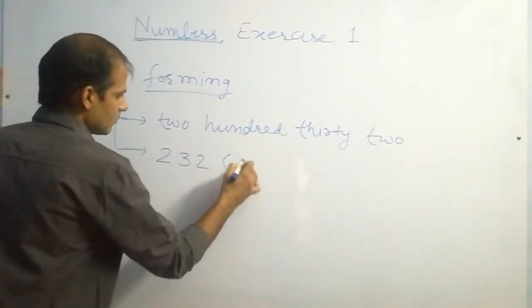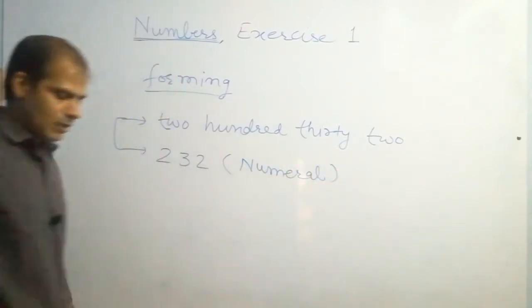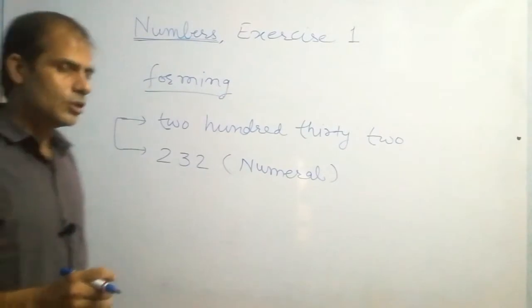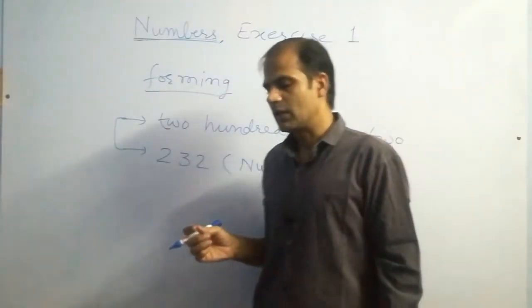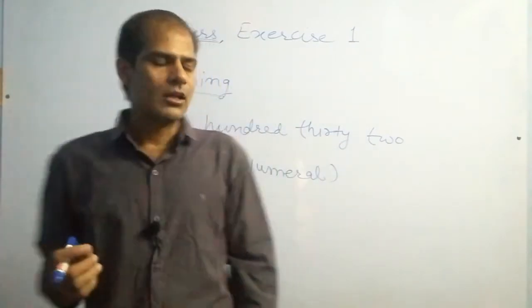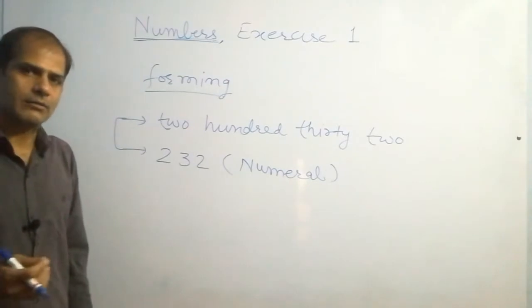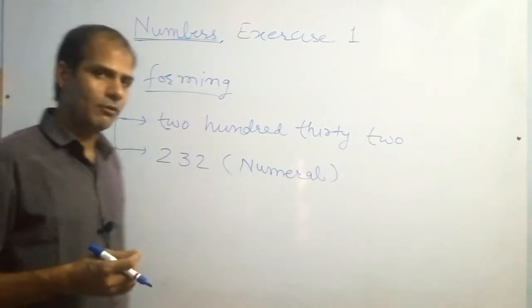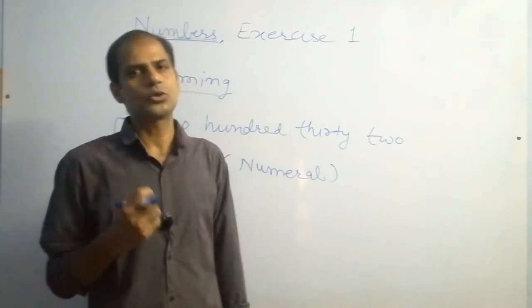So this is numeral, and in this exercise you will get to know how to write or how to convert a word form into numerals. Again, if the number is bigger, means a 4 digit, a 5 digit or a 6 digit number, then you should be careful.